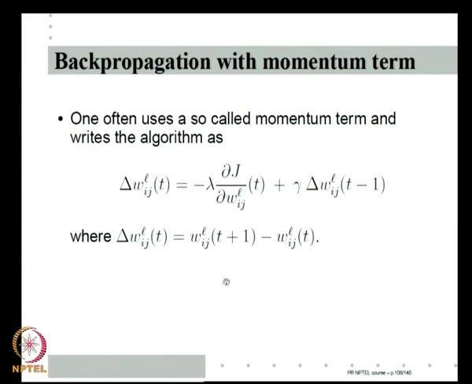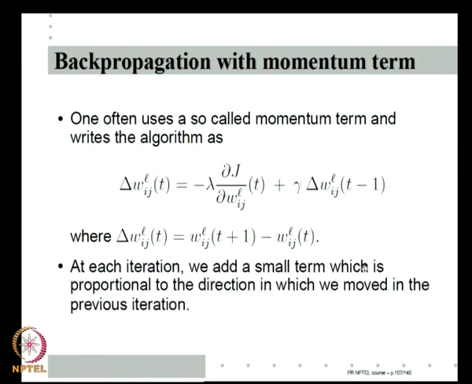So, if I take this difference to be delta Wij(t), my earlier algorithm is delta Wij(t) is simply minus the gradient. This is equal to minus lambda dJ by dWij(t). This t simply means that this gradient is evaluated using the values of weights at t. So, what I am doing in this algorithm is, in addition to the usual gradient step, I am adding one more step.